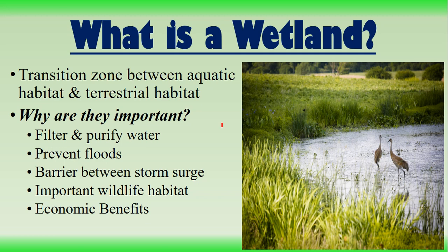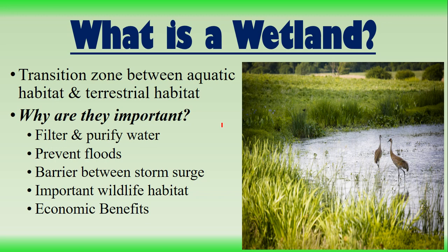Now, why are they important? Why do I think they're one of the most important ones? One, they filter and purify water. They're like a sponge. They take up pollution. They absorb it into the ground so they can purify the water. They prevent floods. They're like a barrier for flooding. It's already a flooded land, so it doesn't matter if it gets flooded more, but it can prevent other places from being flooded. It's also a barrier against storm surge.